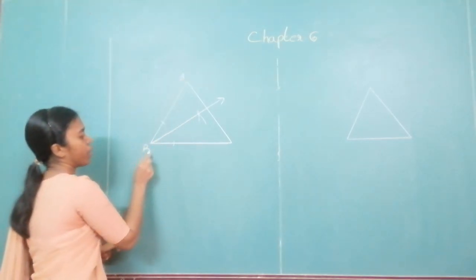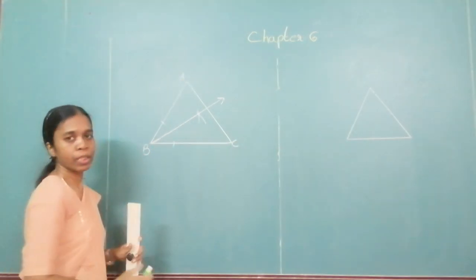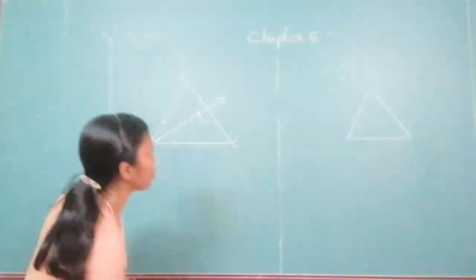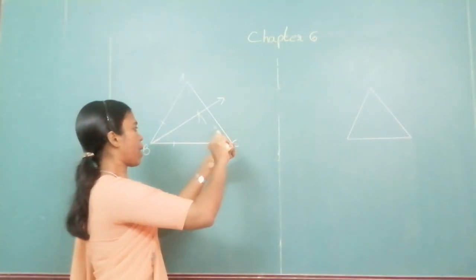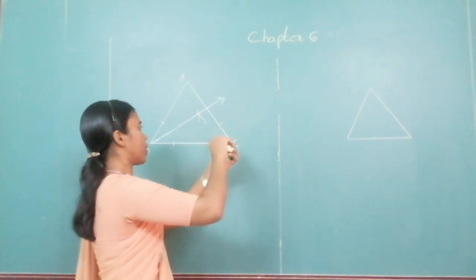Let my triangle be A, B, C. Now you draw the angle bisector for one more angle. I'm considering C.